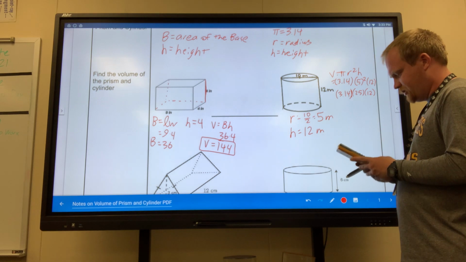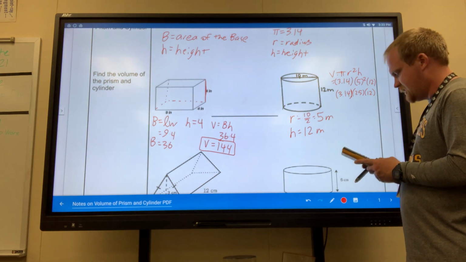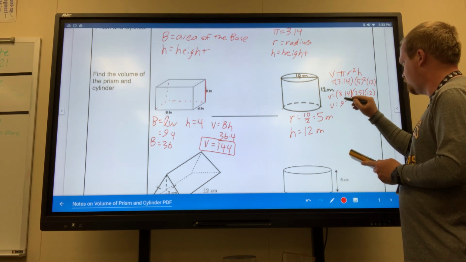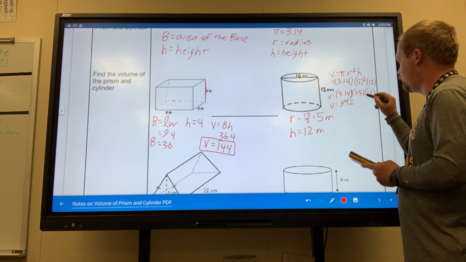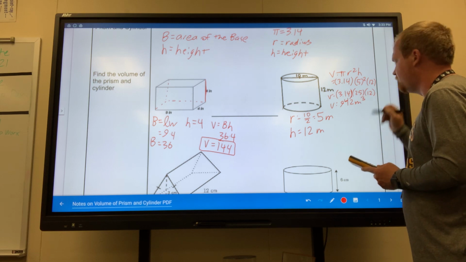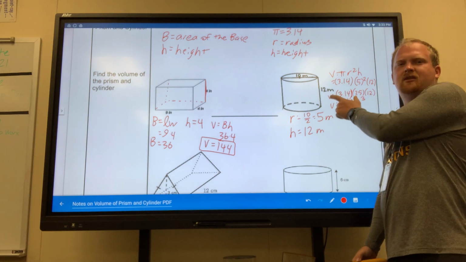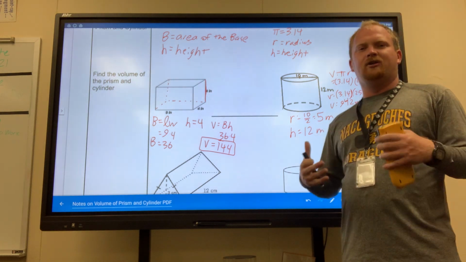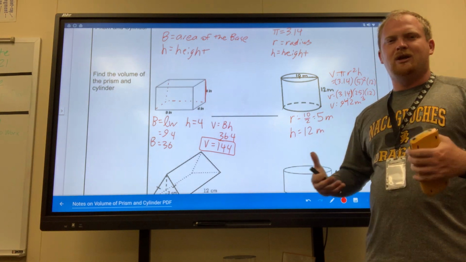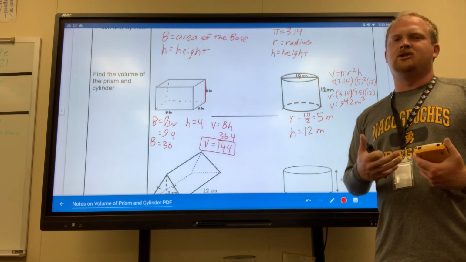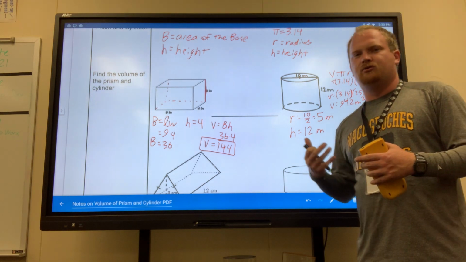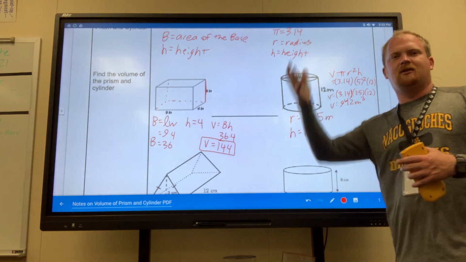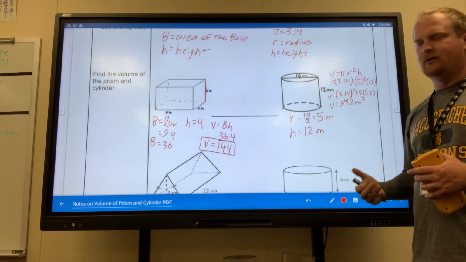So I'm multiplying 3.14 times 25 times 12, and that's going to give me 942 meters cubed. Now, the reason why this is cubed is because it's volume, and volume is a three-dimensional measurement. While area is two-dimensional, volume is three-dimensional because we're also including how tall, how much space is up and down as well.